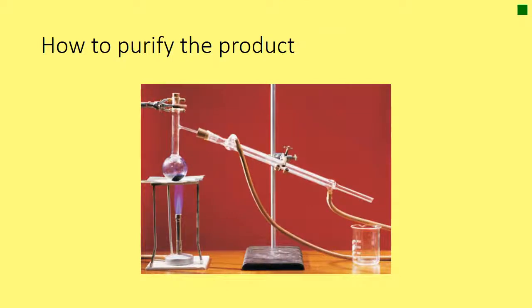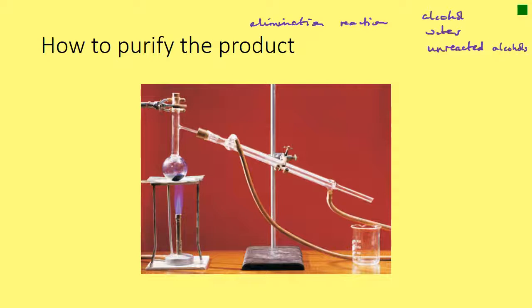So now let's move on to purifying the product, and we're really talking about the product of the elimination reaction. And the products of the elimination reaction are the alkene and the water and any unreacted alcohols.